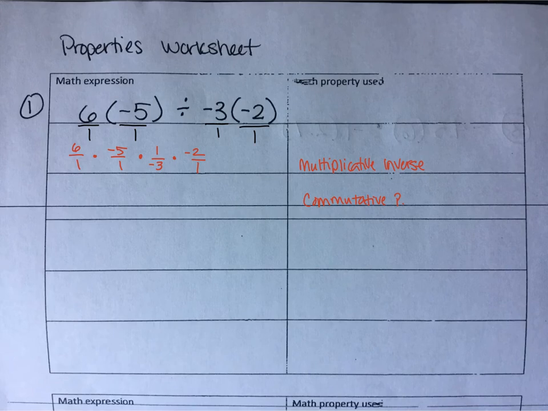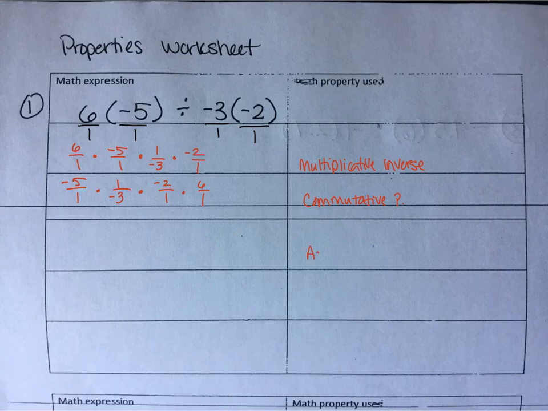I don't know. Let's just go ahead and rearrange these numbers in a different order. Let's do negative 5 over 1 first. Then 1 over negative 3. Then negative 2 over 1, and finally 6 over 1. Okay, that's the commutative property. I did not use any parentheses yet.